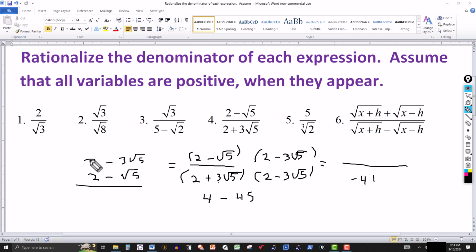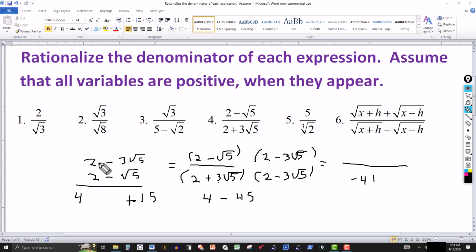So let's do it this way. We can go 2 times 2, that's 4. And then over here, this product, negative, negative, that'll be a plus, and that's 3 here. And then radical 5 times radical 5, that's the square root of 25 is 5. So this would be 5 times 3, this would be 15.